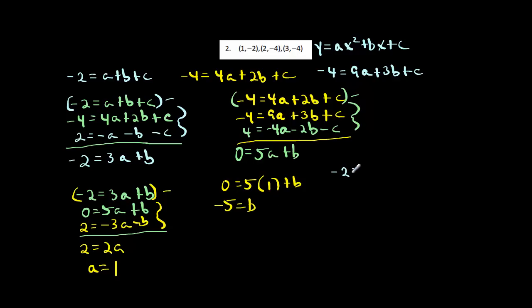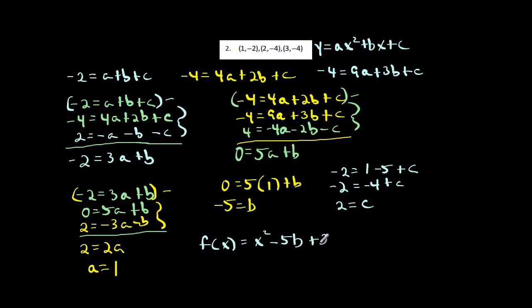So negative 2 equals a plus b plus c. Add 4 over. So now we have a, b, and c. So let's just write this out as a function. 1 times x squared minus 5x plus 2, and there's your answer.